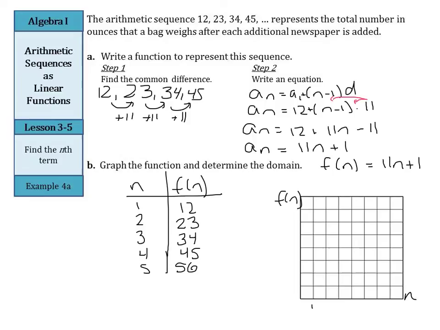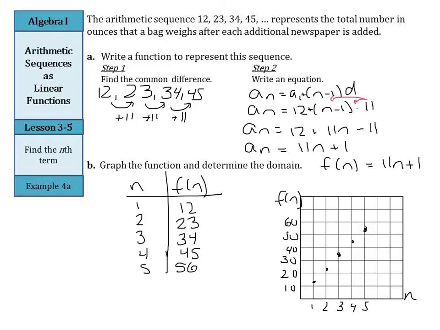We can count by ones here again, 1, 2, 3, 4, 5. We can count up by tens on our left side, 10, 20, 30, 40, 50, and 60 as well. And 1 was 12, 2 was 23, 3 was 34, 4 was 45, and 5 was 56.